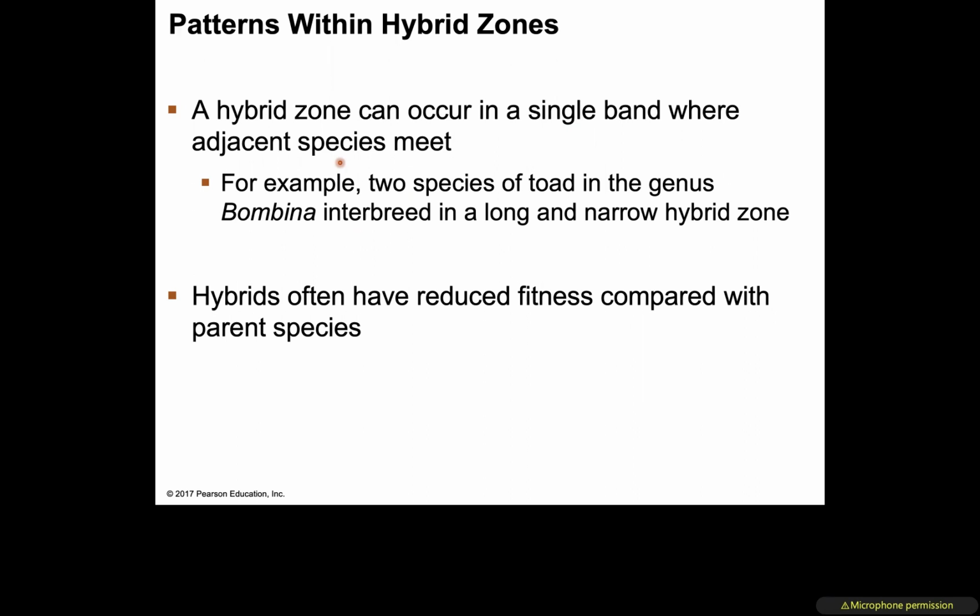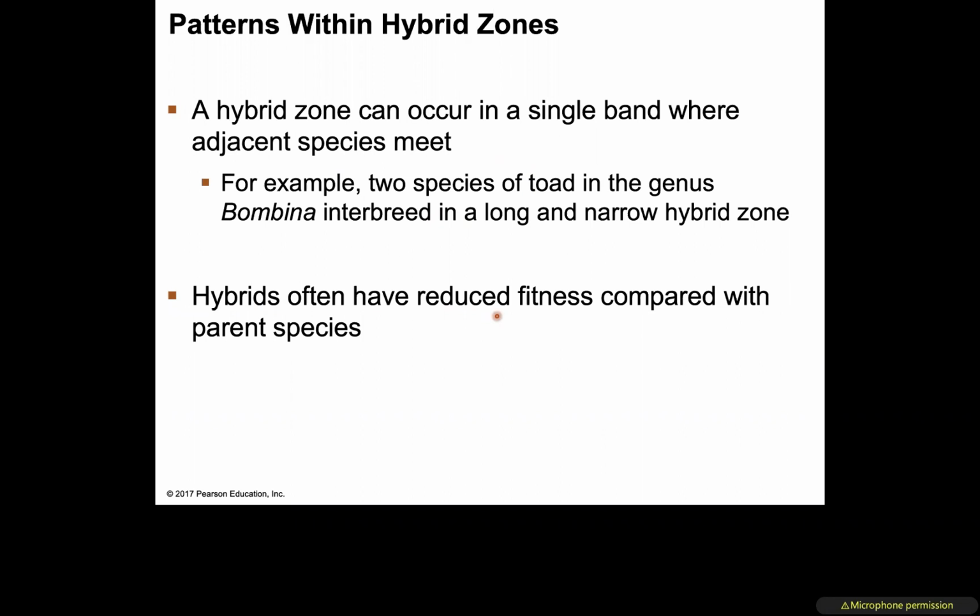And so the example that they give are two species of toads. They're in the same genus and they interbreed in a long and narrow hybrid zone. And so we're about to look at the zones and it's going to come into play. You're going to find a lot of times, though, the hybrids have a reduced fitness compared to the parent species.